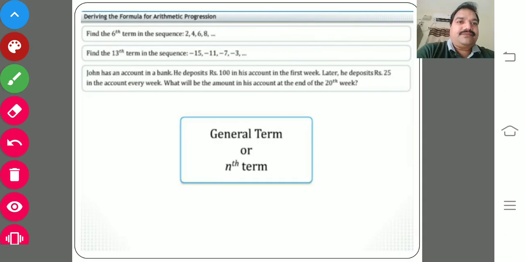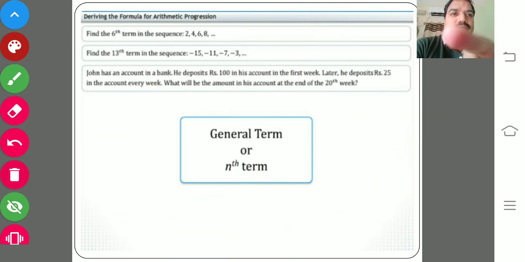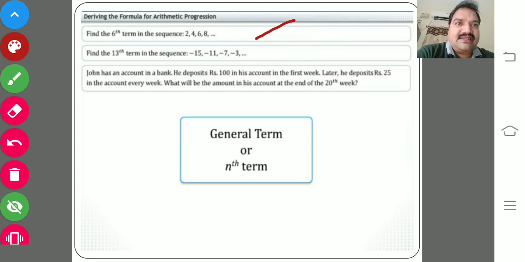Now just observe the first question: find the sixth term of the sequence. Without any formula, you can easily calculate: 2, 4, 6, 8. The next one will be 10, and the next one will be 12. How?